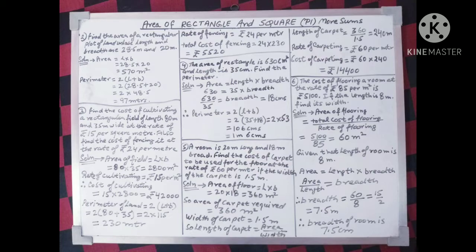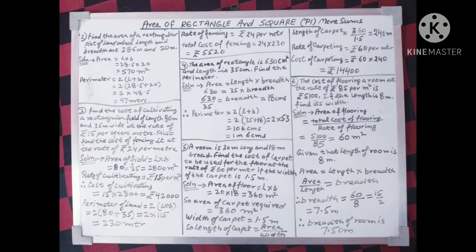So, total cost of the fencing will be the total length around the field, that is the perimeter. So, we get finally cost of fencing as rupees 230 into 24, which comes out to be rupees 5,520. Got it? Now let us see the next question.